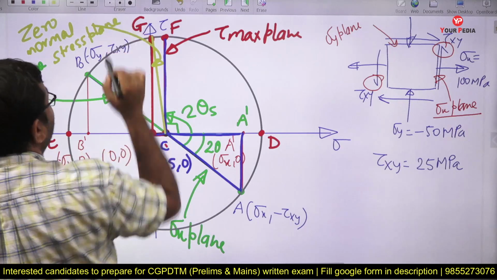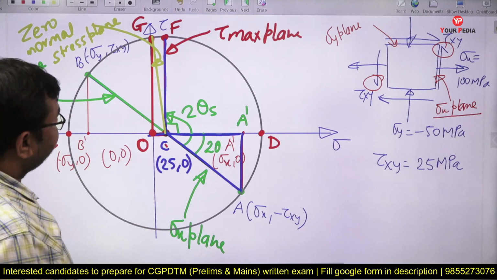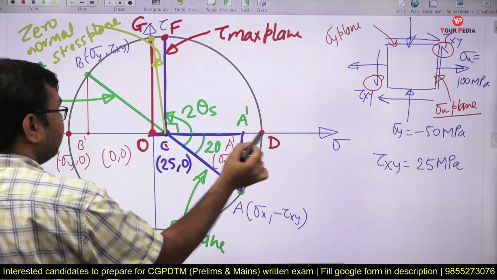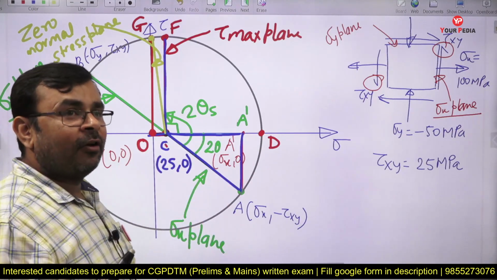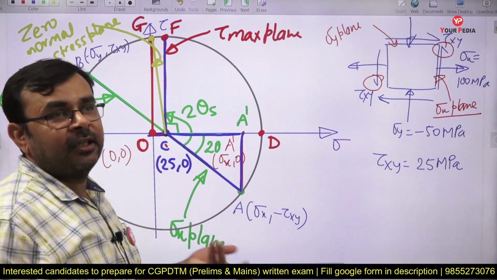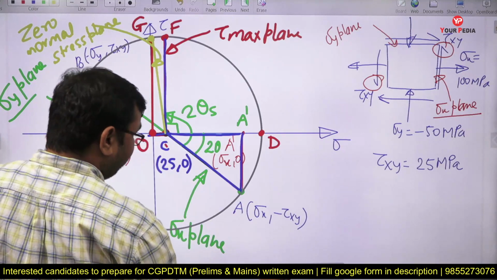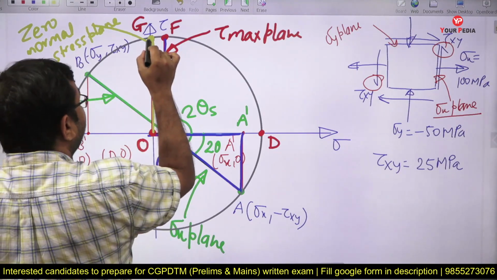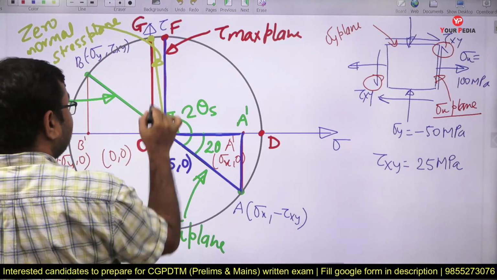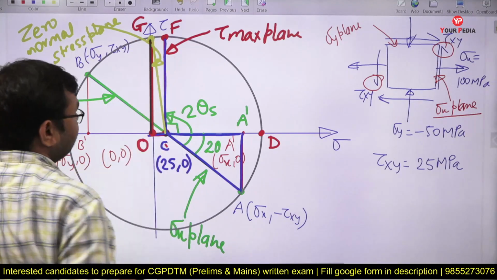Yes or no? Shear stress on that plane is nothing but you just project this point on the sigma axis, then you will get the normal stress, and if you project this point on the shear stress axis, then you will get the tau max. Yes or no? So can I say from origin to this point, this distance is nothing but what is called tau max, yes or no? At the 0 normal stress plane.